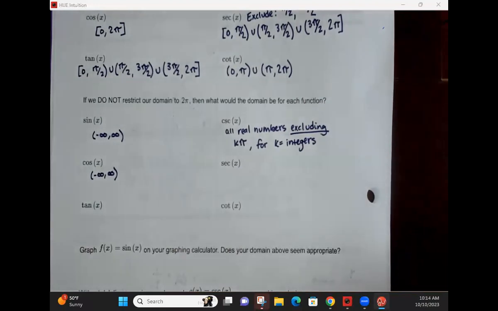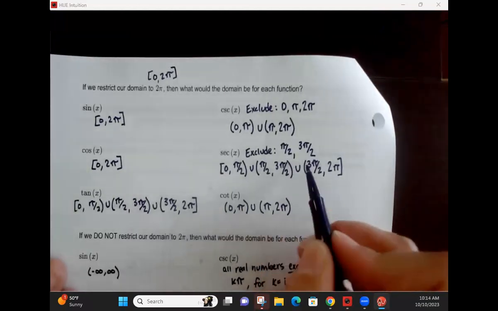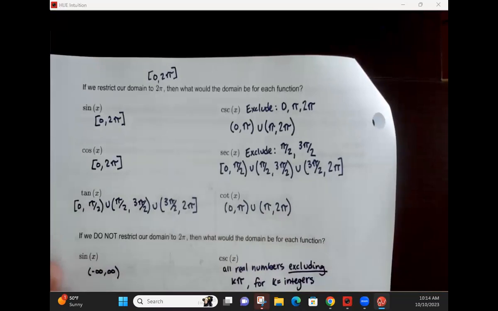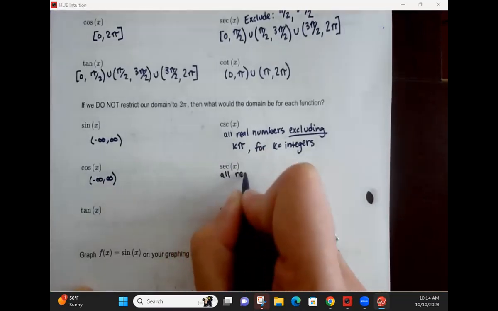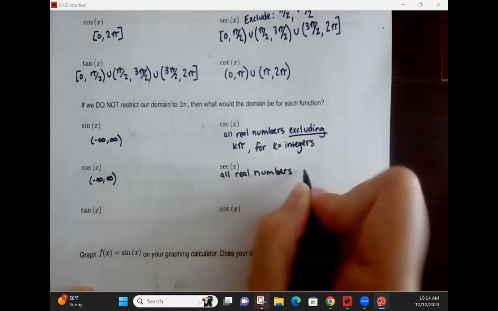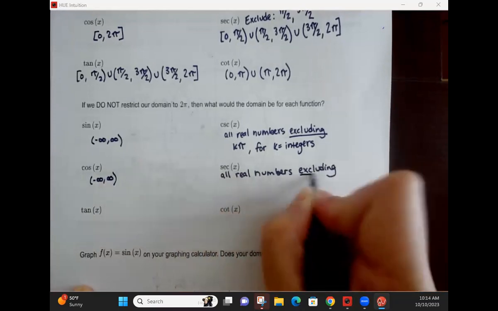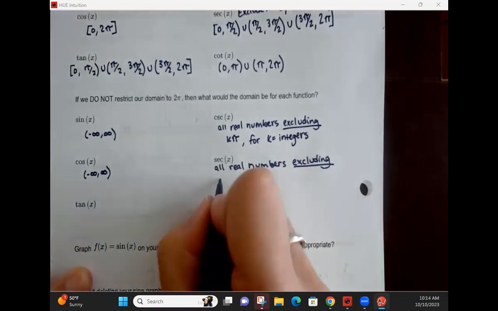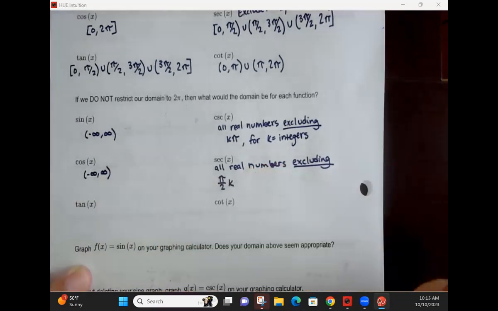For secant, we want to make sure we exclude all the multiples of pi over 2 and 3 pi over 2. So again, we're going to say all real numbers excluding, this would be pi over 2k.